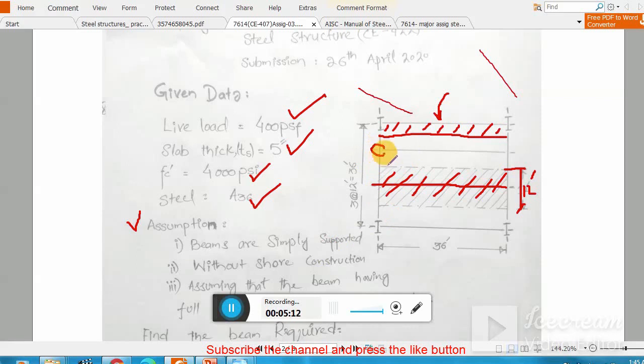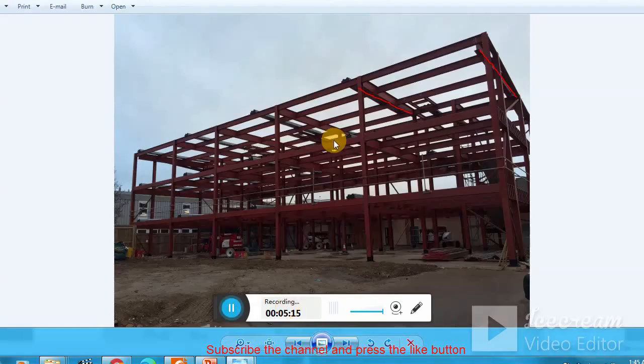Remember, although the beams are connected to the girder with bolted connections, we assume that these beams are simply supported, because the rigidity of this connection is not so much that it will completely control the behavior of the beam or its movement. So we assume that the beam-girder connection is simply supported.